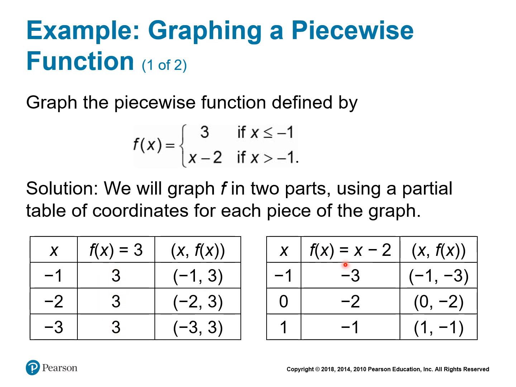In the table on the right hand side, they have chosen values starting from -1, but the other values are greater than -1. So 0, which is greater than -1, 1, which is also greater than -1, and so on, right? So they have chosen values in the second table which are greater than -1, and that corresponds to this particular function x minus 2.